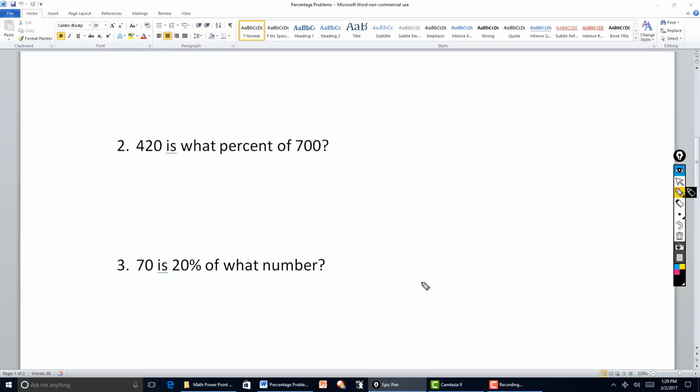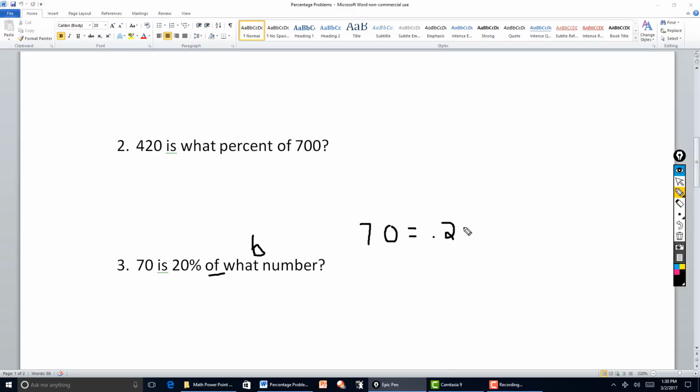So this one is: 70 is 20% of what number? Here's the word "of," so here you're looking for the base. I'm just going to write this as a basic equation. 70 is, that's your equal, 20%. Again, I want this without the percent sign, so I'm going to move the decimal over 2 places.